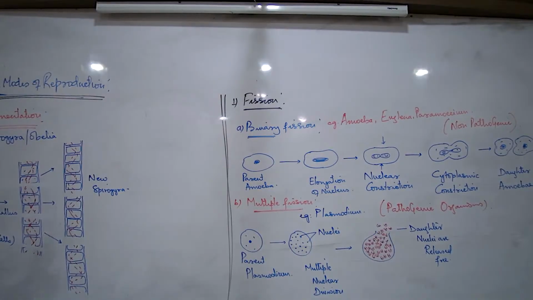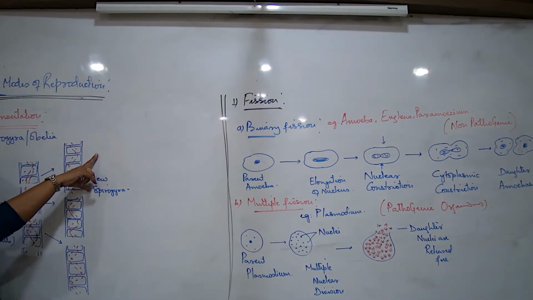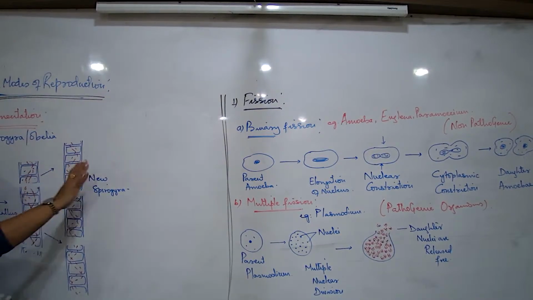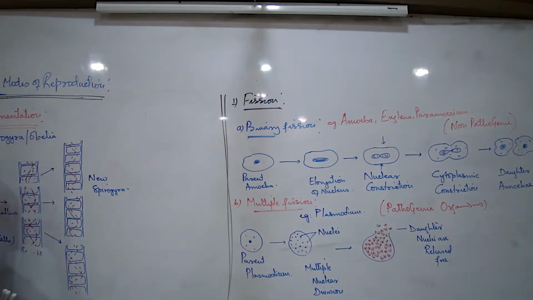What is the similarity? One similarity between fission and fragmentation is that it is the parent body which is dividing to form the offspring. So the parent and offspring are not coexisting.